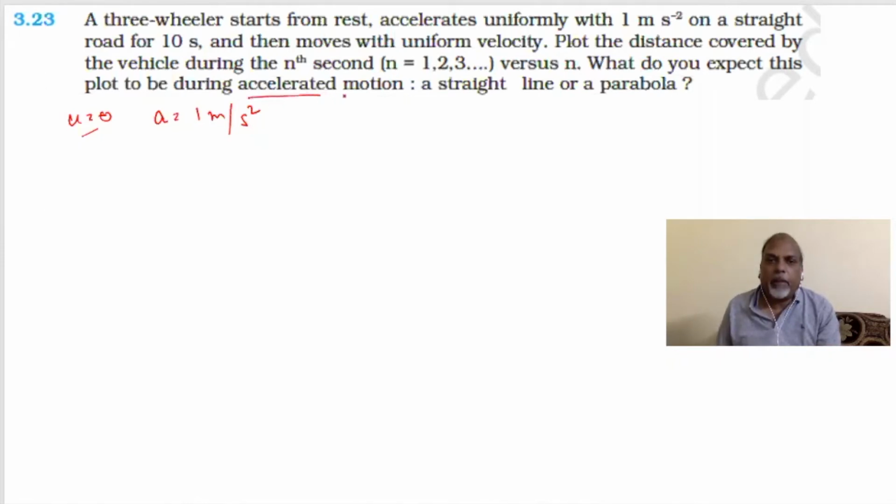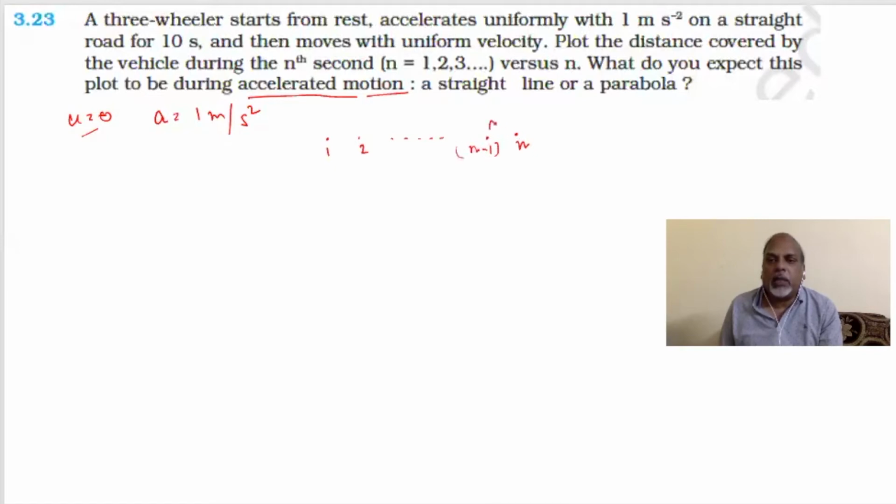Okay, a straight line, or now what will be the distance covered by the particle in the nth second? So suppose this is the first second like that, then it is the nth second and this is the n minus 1 second.